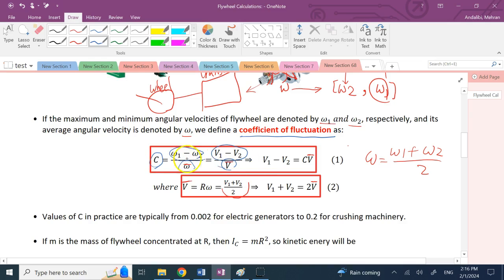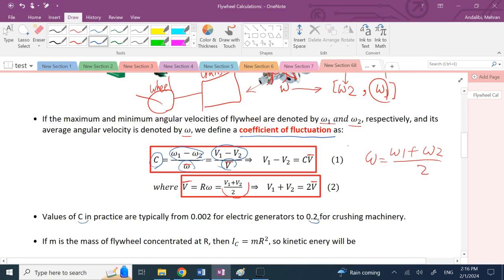And it shows the percentage or how many times the range is bigger than the average, or what percentage of the average is the range, or the total fluctuation, the total change. In real world, in practical applications, we make sure this C is not more than 0.2.